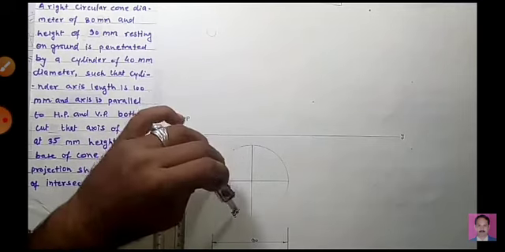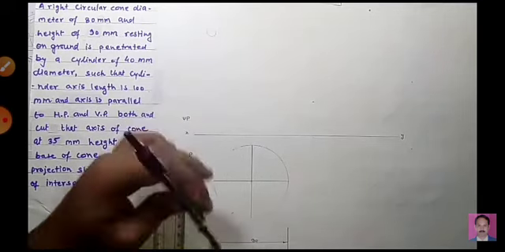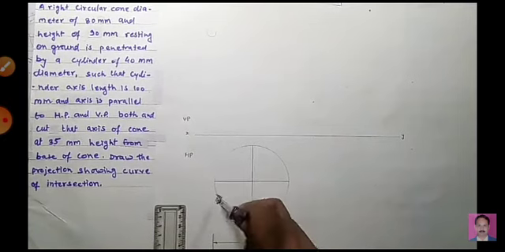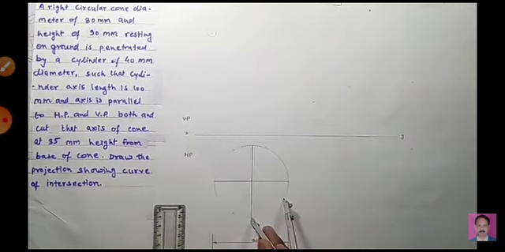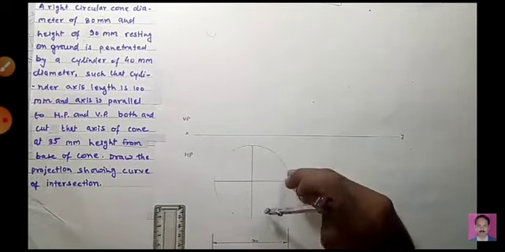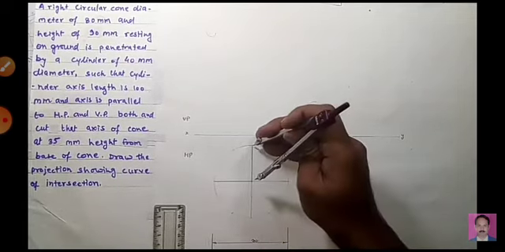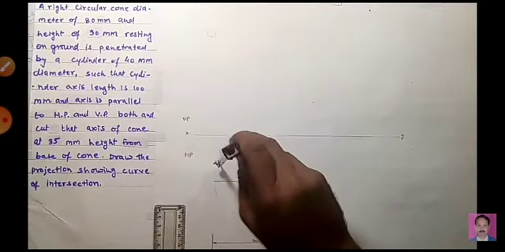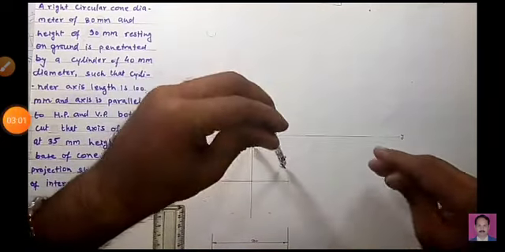Now divide this circle into 12 parts because it will be helpful for drawing the contour on the vertical as well as on the horizontal plane, because we have to take projection of all these parts. So complete all this drawing.